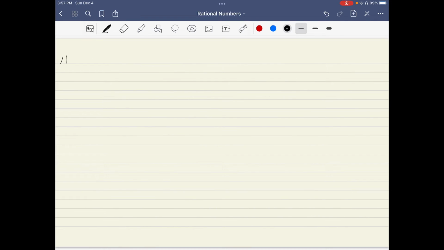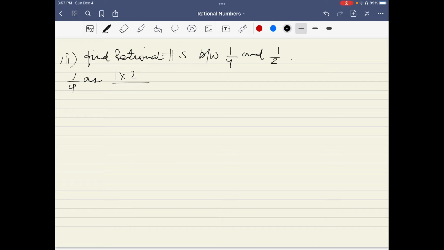Now let's solve the third question, which is find a rational number between 1 over 4 and 1 over 2. To make the denominators common, we can write 1 over 4 as 2 over 8.